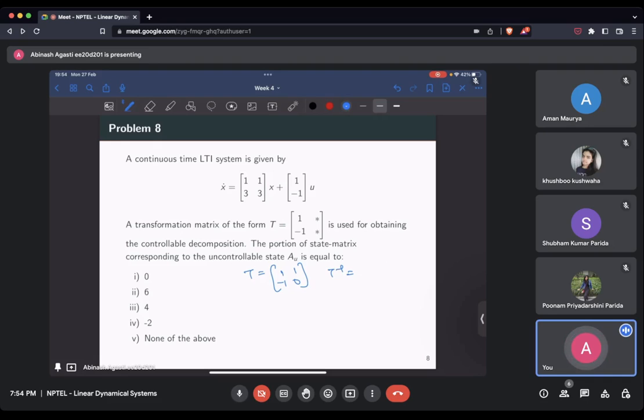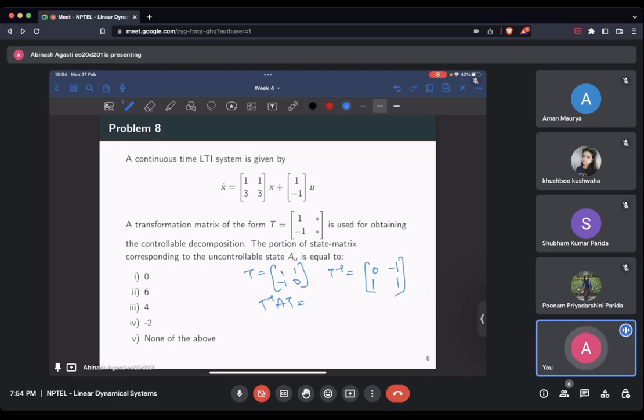Oh, okay. We forgot this. This portion will be interchanged, right? Yes sir. So this is the inverse, correct? Then what is T inverse AT? Let's find out quickly.